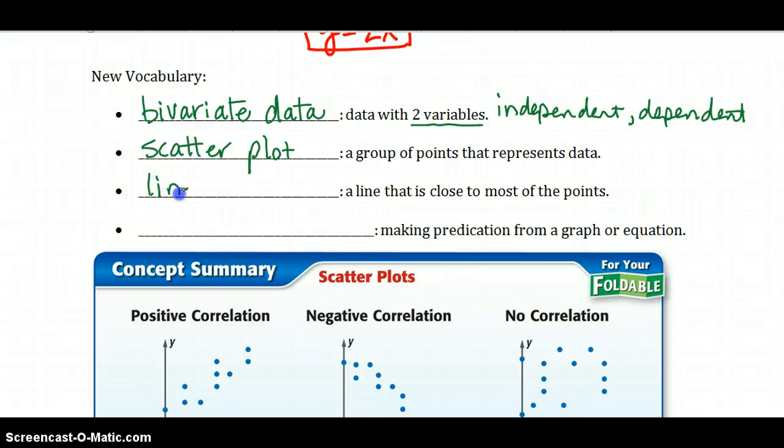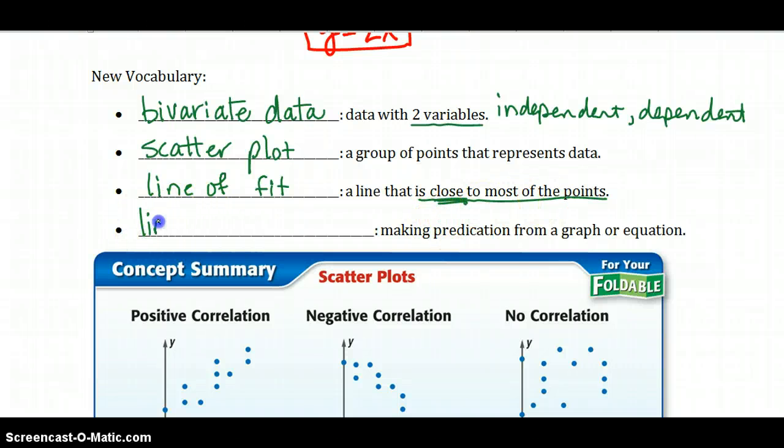The line of fit, or line of best fit, is the line that is as close to most of the points as possible. It can't hit all of the points, so you try to pick the line that is closest to the most points.